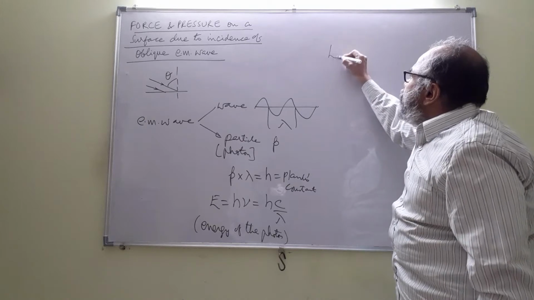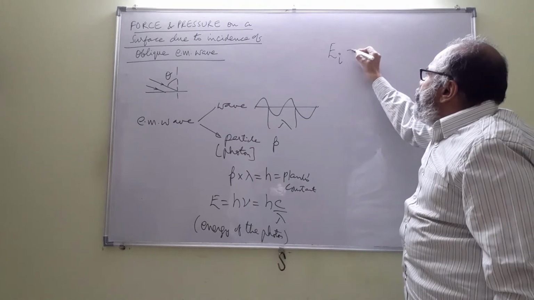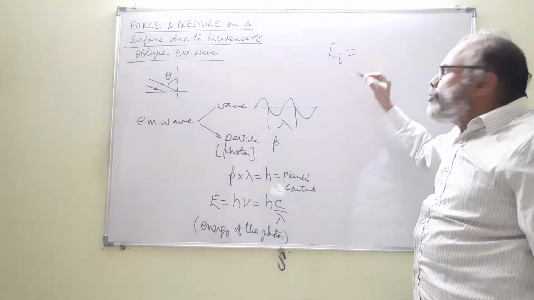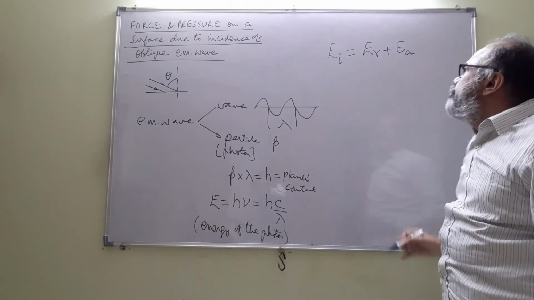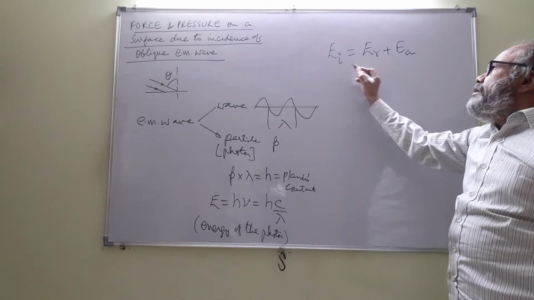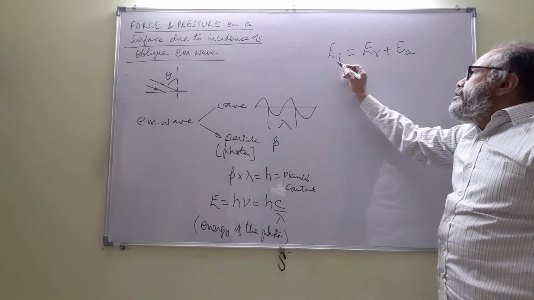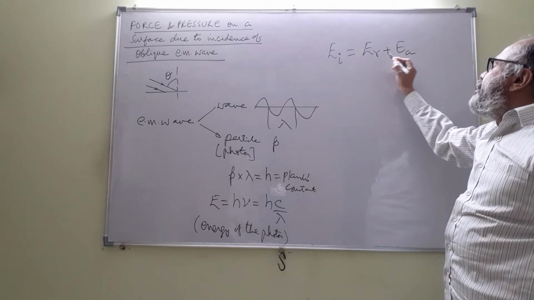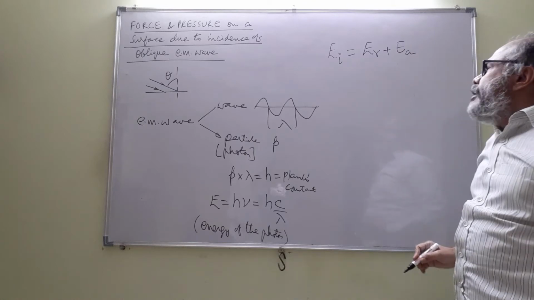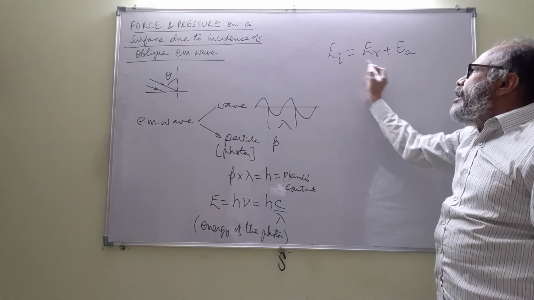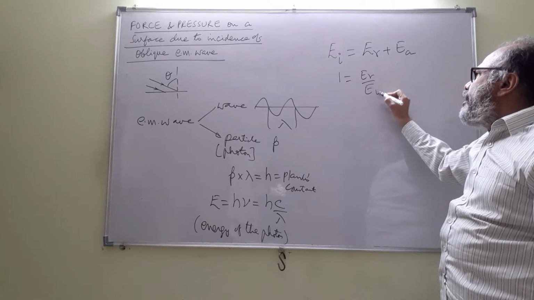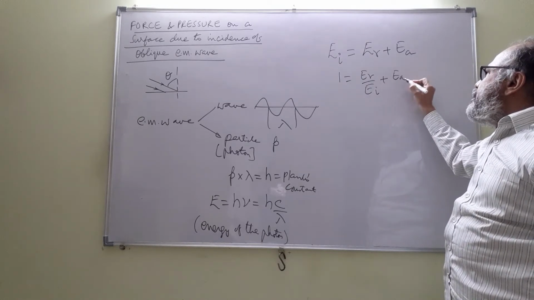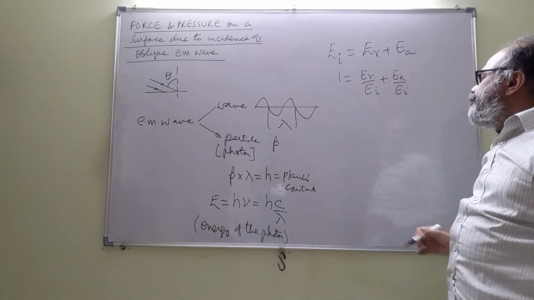Now, when a certain energy is incident, part of it would be reflected, part would be absorbed. By the energy conservation principle, incident energy is equal to the reflected energy plus the absorbed energy. Dividing by EI, you get 1 is equal to ER by EI plus EA by EI.